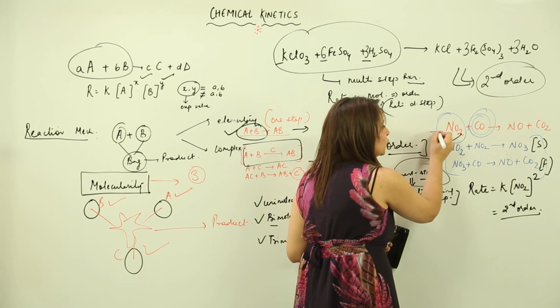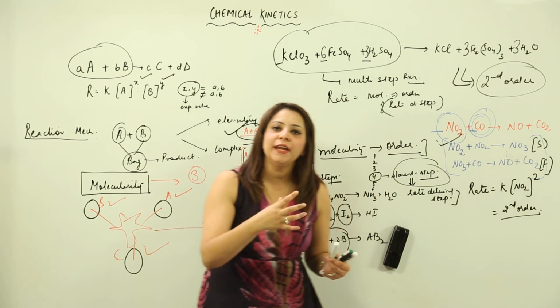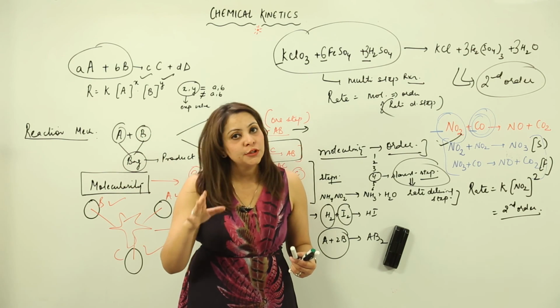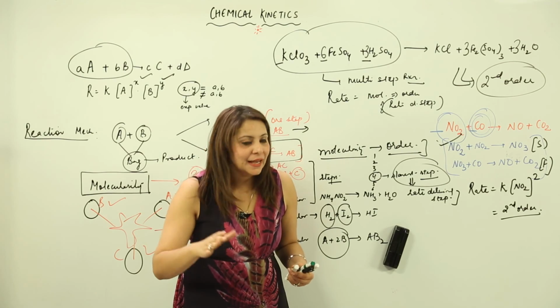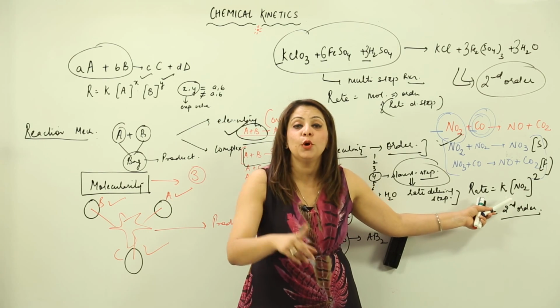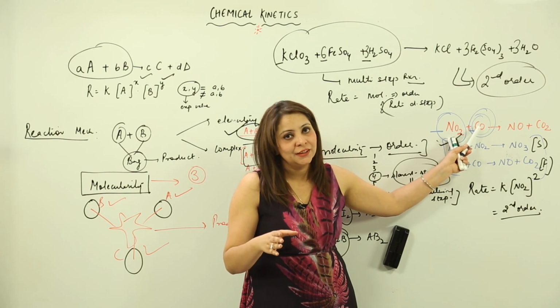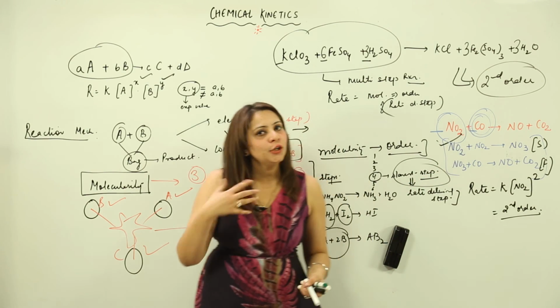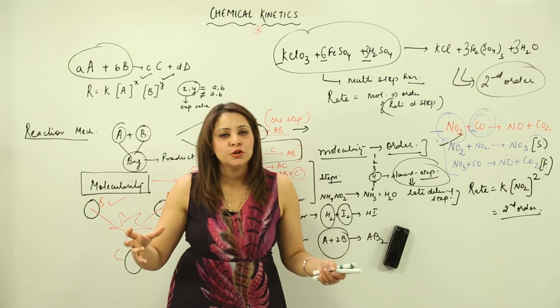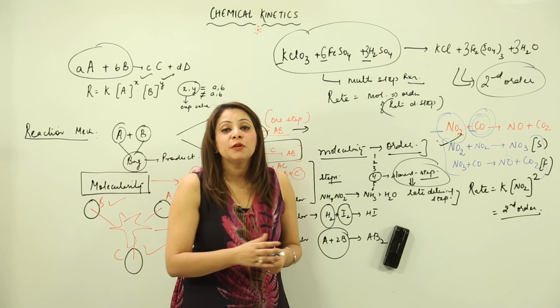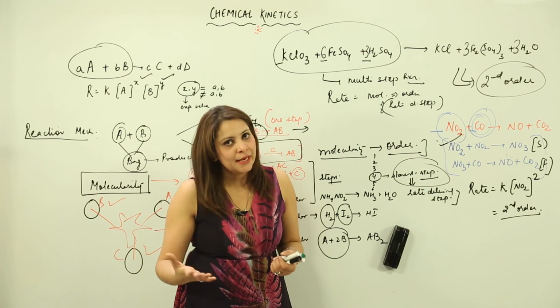As you can see, there is 1 for each, so you would write NO2 raised to power 1, CO raised to power 1, meaning the order is 2, right? But it is not like that. As you can see, the rate just depends upon NO2. It is independent of the concentration of carbon monoxide. So it's clear that what is written in a reaction does not always affect the rate. It may be different sometimes and the same at other times.